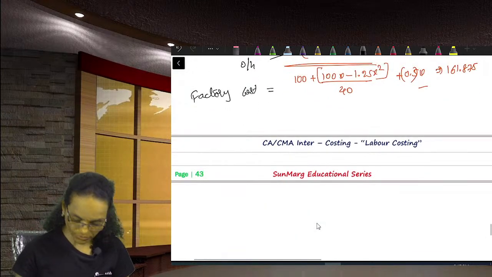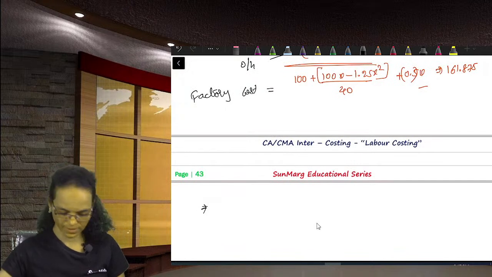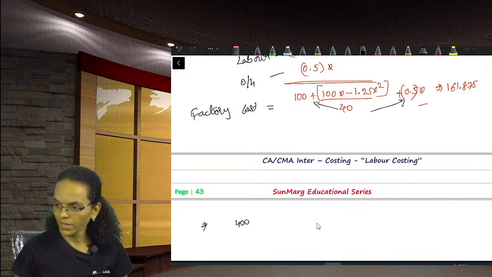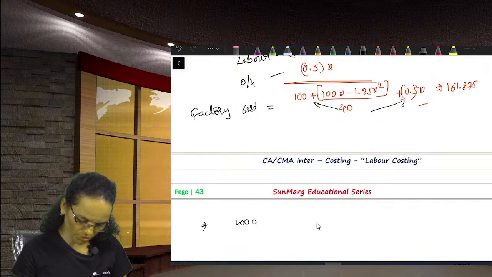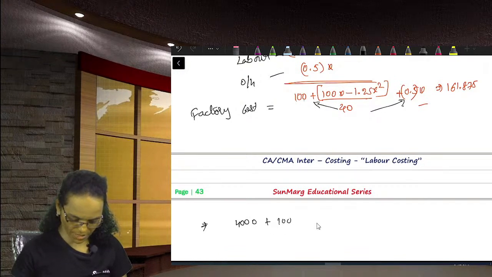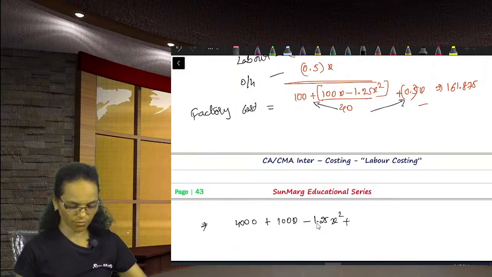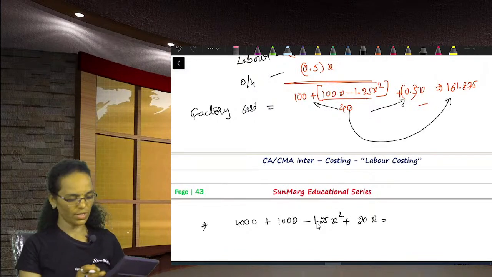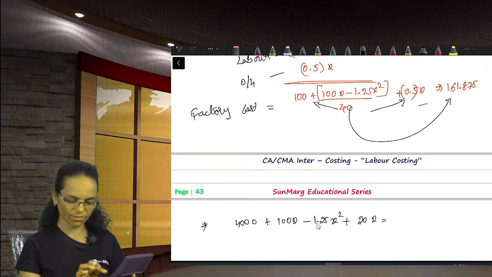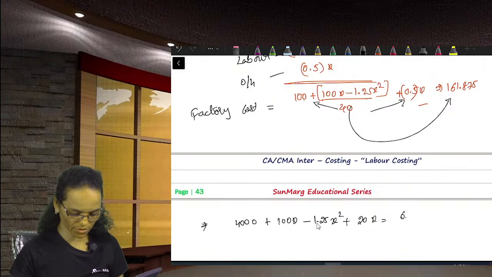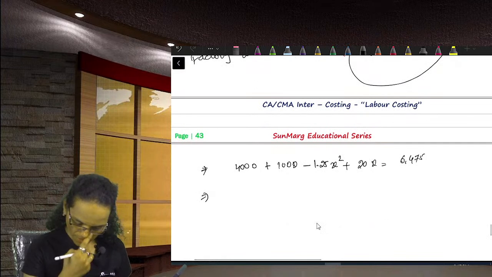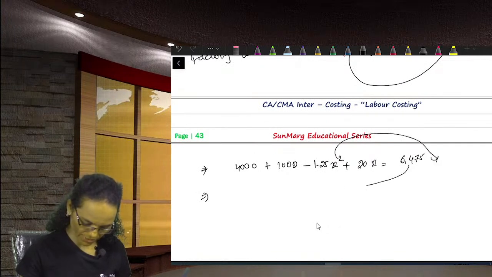Multiply both sides by 40: 4,000 plus 100x minus 1.25x square plus 40 into 0.5, which is 20x. The total 161.875 into 40 is 6,475. Take this one to this side.